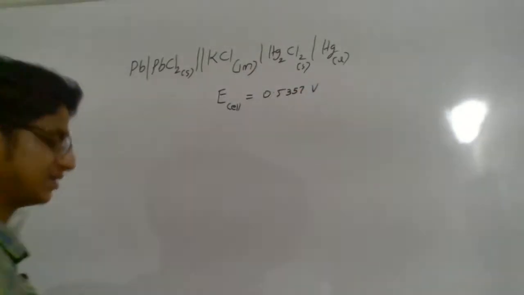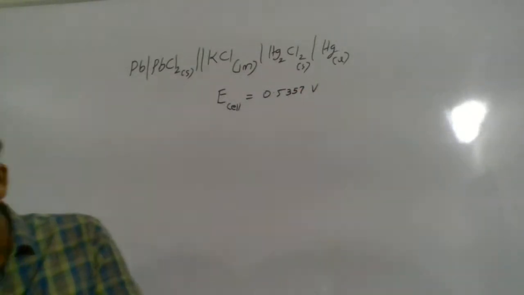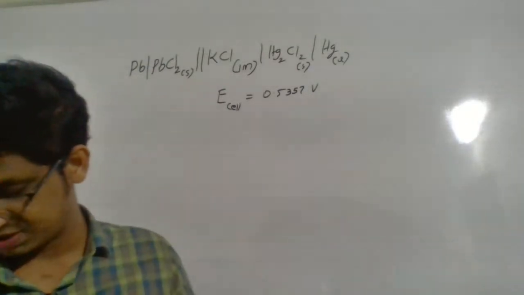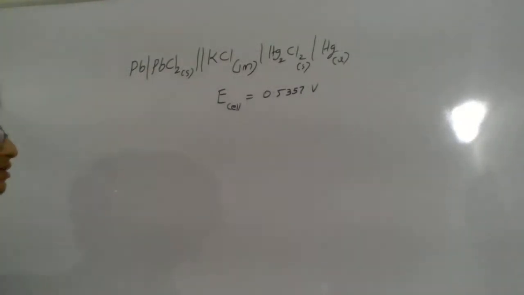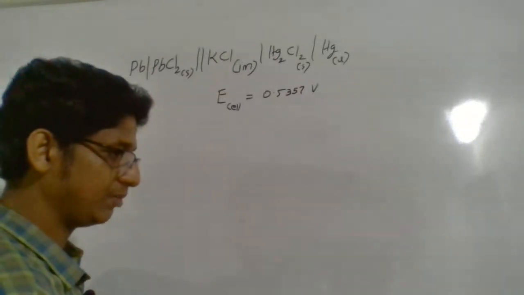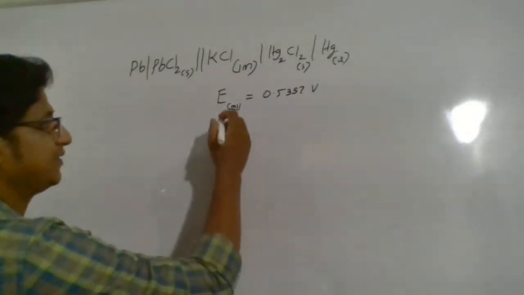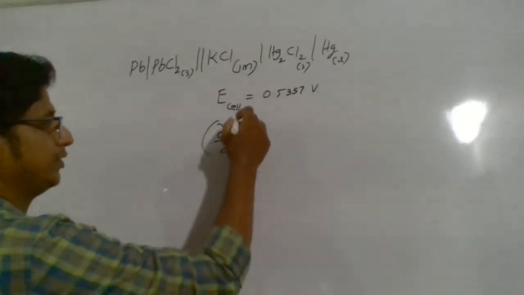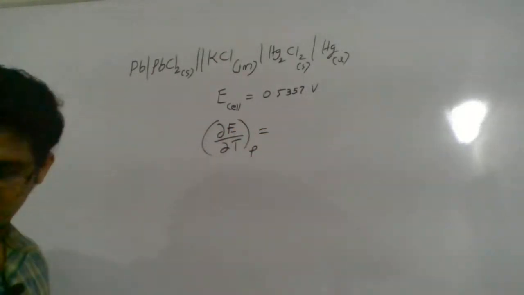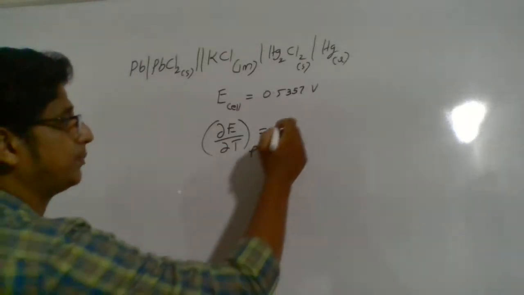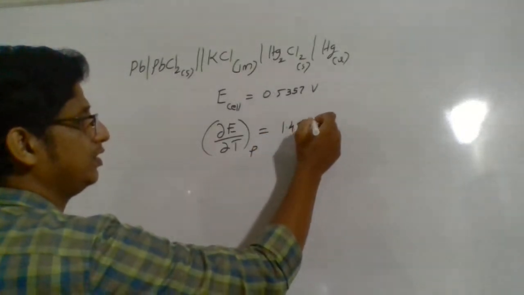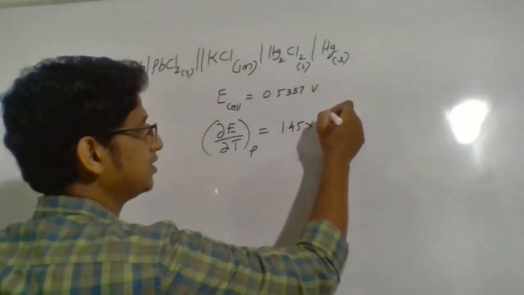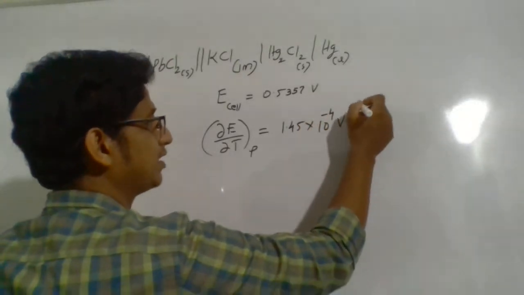The temperature is 298 Kelvin. The EMF of the cell increases with temperature, that is, the change in EMF with respect to temperature, dou E by dou T at constant pressure, is 1.45 into 10 raised to minus 4 volt per Kelvin.